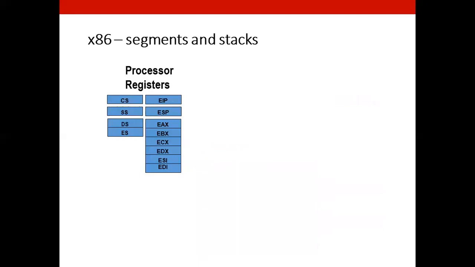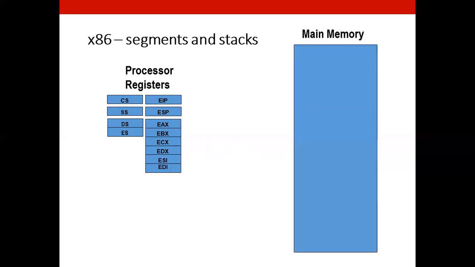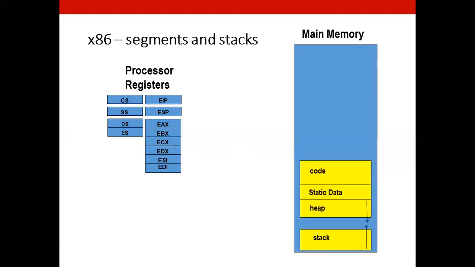Recall the registers of x86 architecture, which has different registers to address the various segments of the main memory. This is our main memory. We have CS, the code segment that is addressed using the EIP, extended instruction pointer.